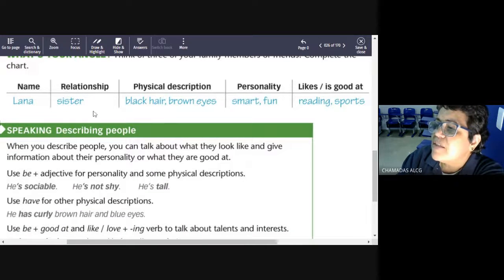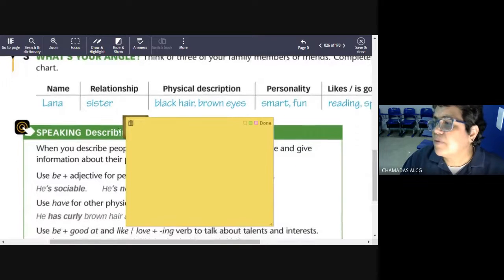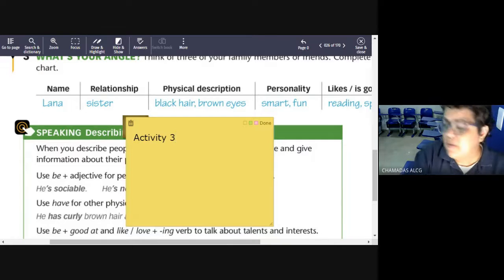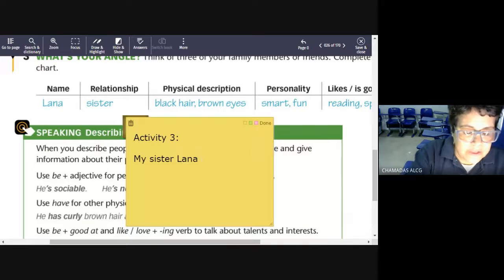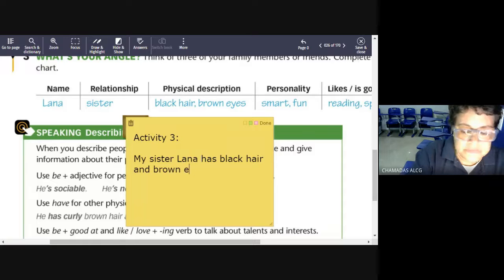Okay, so let's write the description here now. This is activity 3. Okay, so I'm going to put here, my sister Lana has black hair and brown eyes. Period.